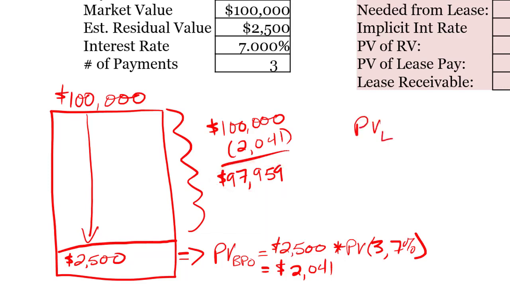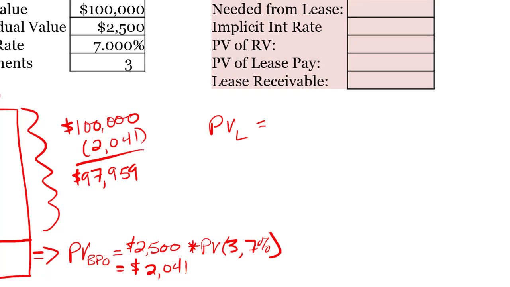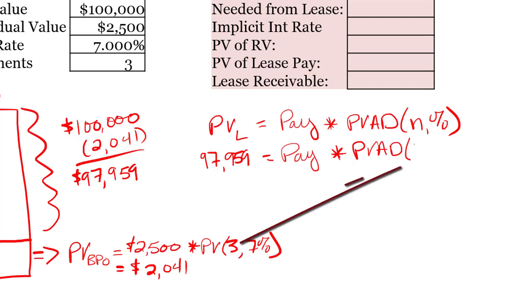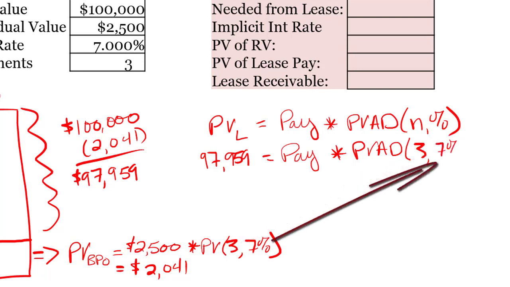So the present value of the lease has to equal the payments times the present value of an annuity due factor, n at a given percentage. I know the present value of the lease, that's the $97,959. I'm looking for the payments. 3 at 7%.